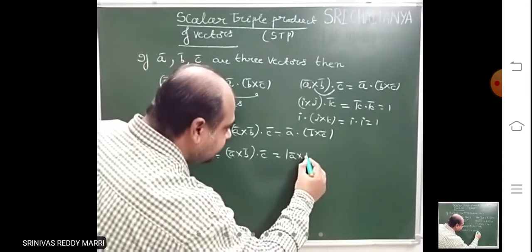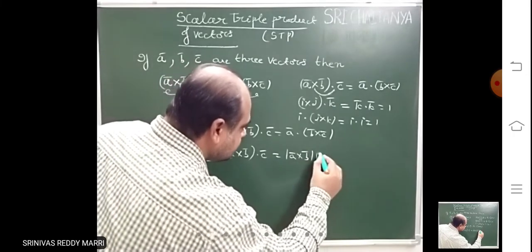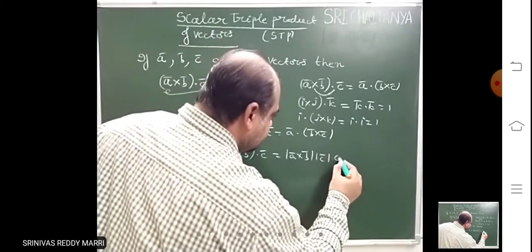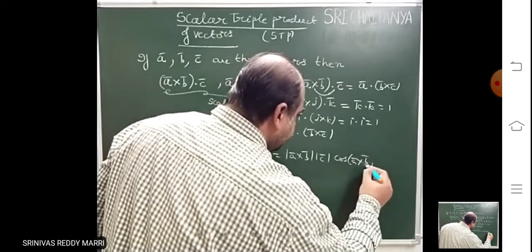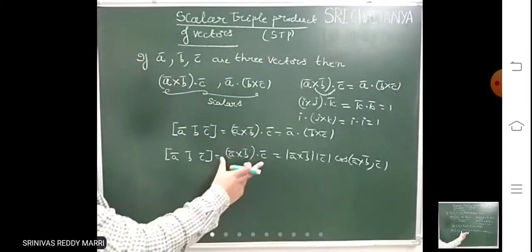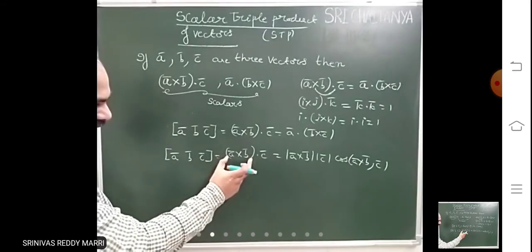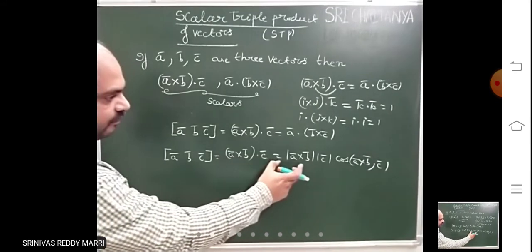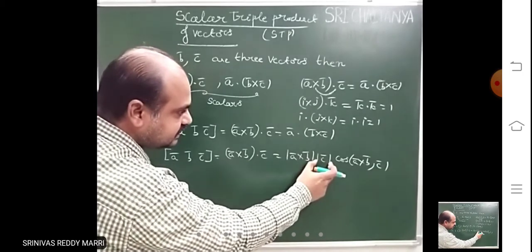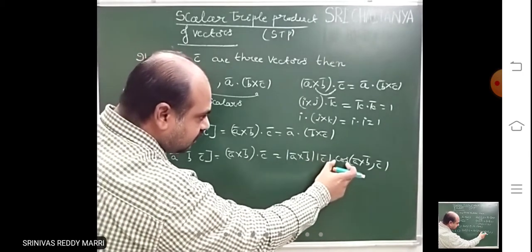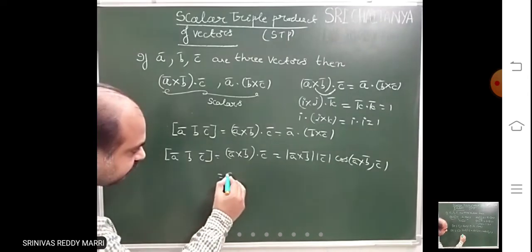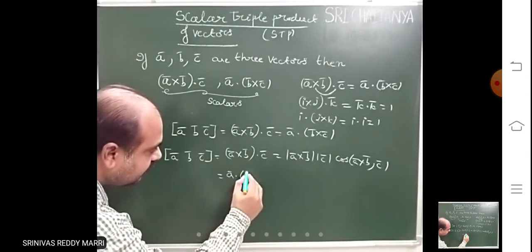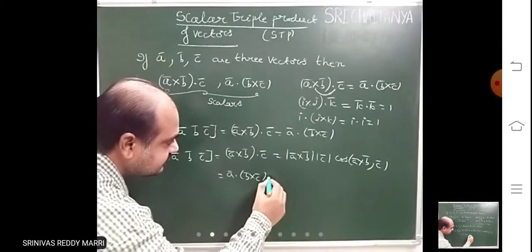This can also be written like this: modulus C bar into cos of the angle between them. This is nothing but U bar dot C bar, modulus U bar into modulus C bar into cos of the angle between them. You can write either like this, or like A bar dot according to your convenience.